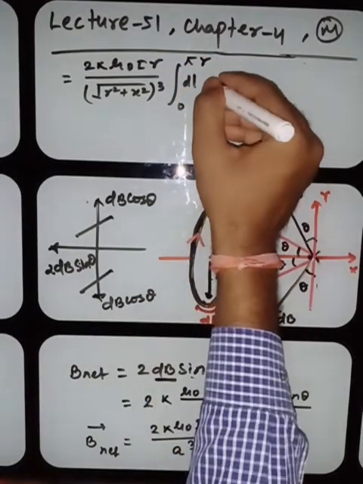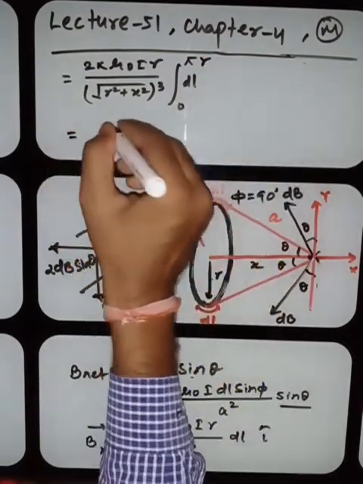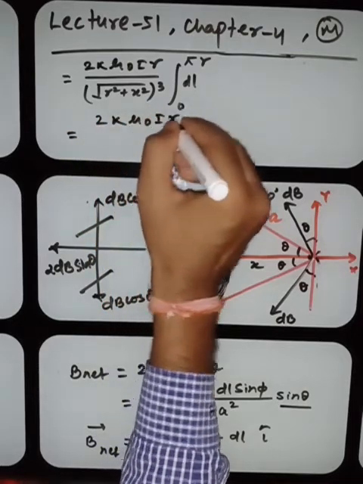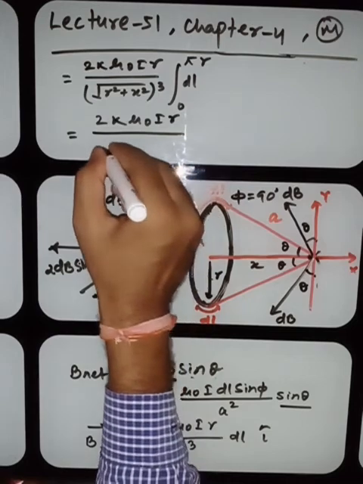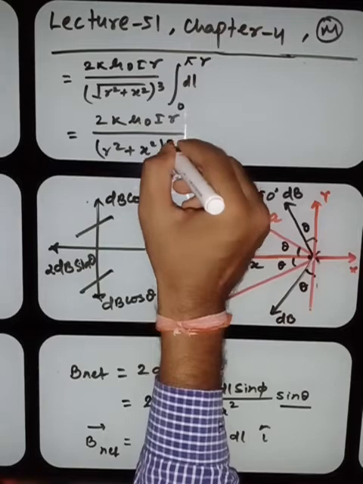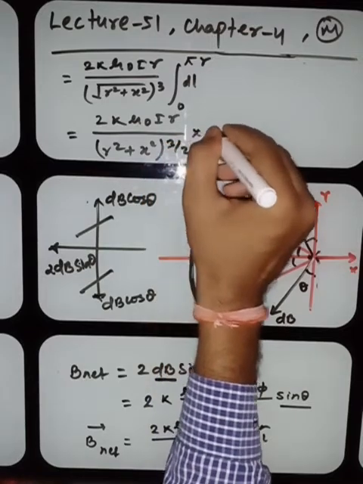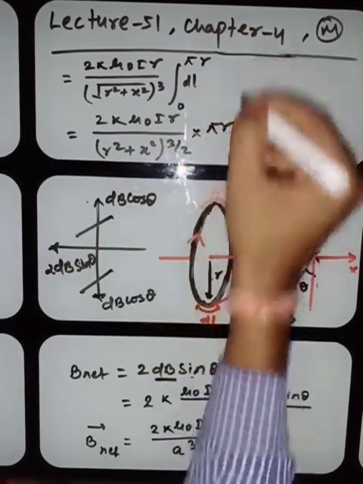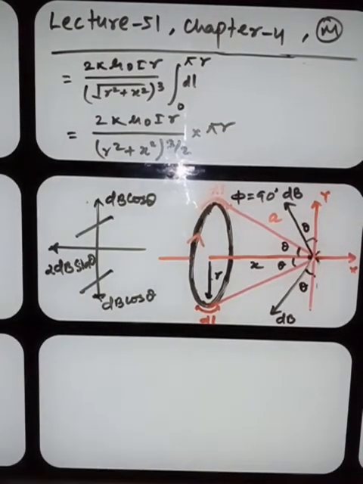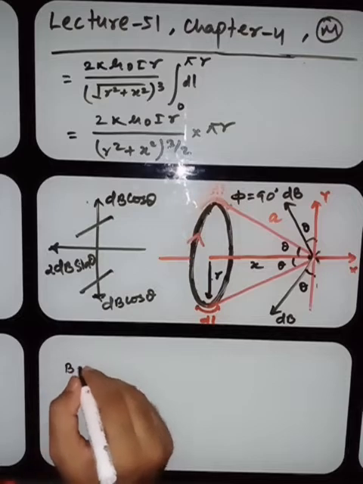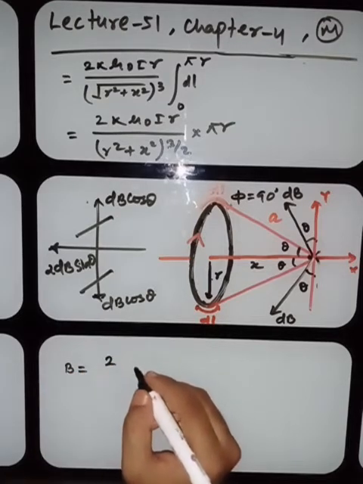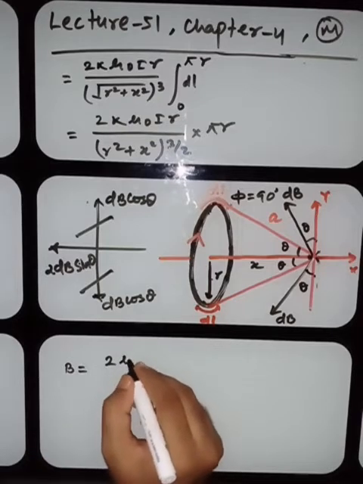Alright, dl. So you have the value 2k mu naught I r divided by r square plus x square to the power 3 by 2, and it is pi r. All together we can write B is equal to, here the 2 and k, it is mu naught.